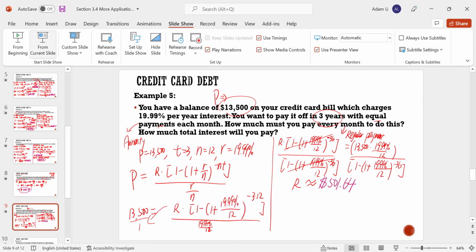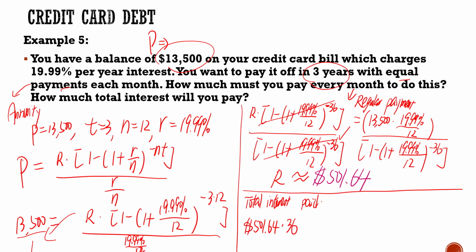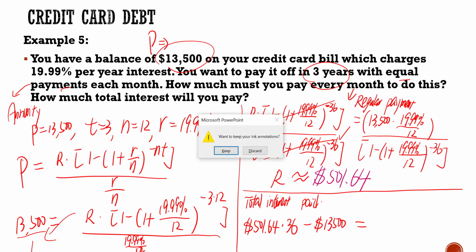All right, so now the next step is to find out the total interest paid. So this is the regular payment. So you're paying $501.64 with 36 payments, but you only owe $13,500. So the additional payment beyond $13,500, that's what we call the interest paid to the credit card company.